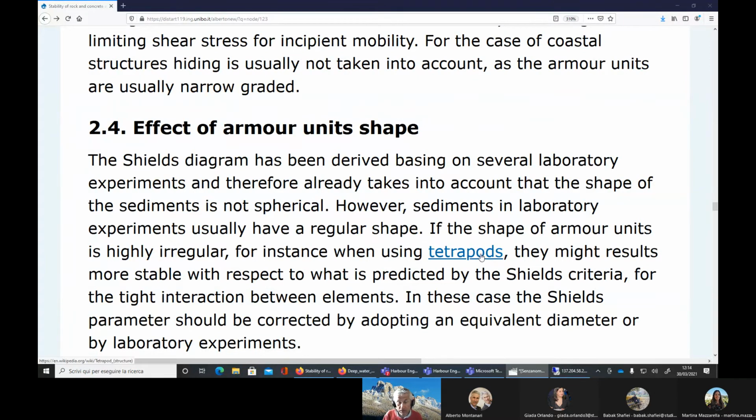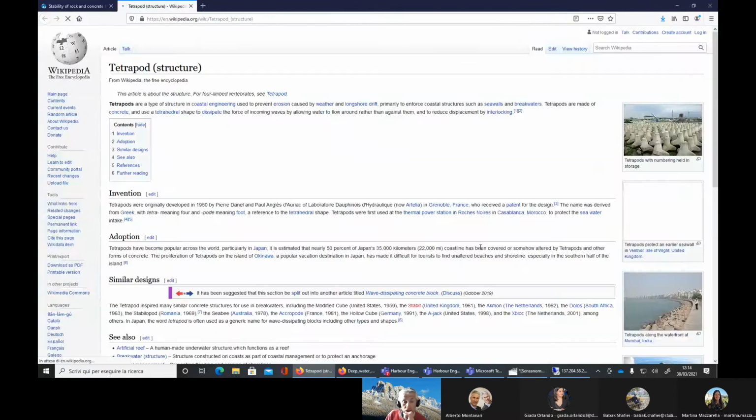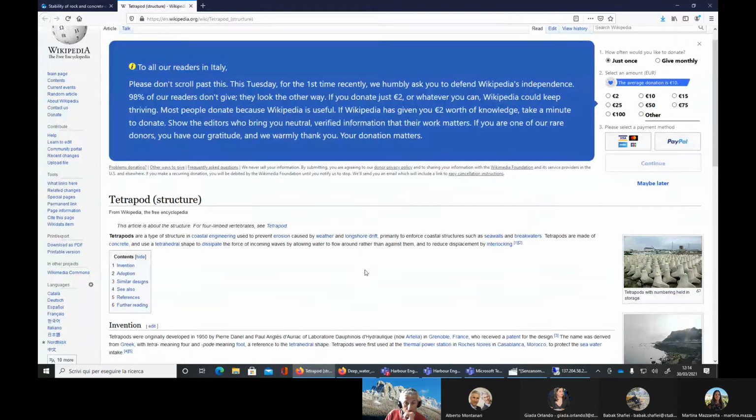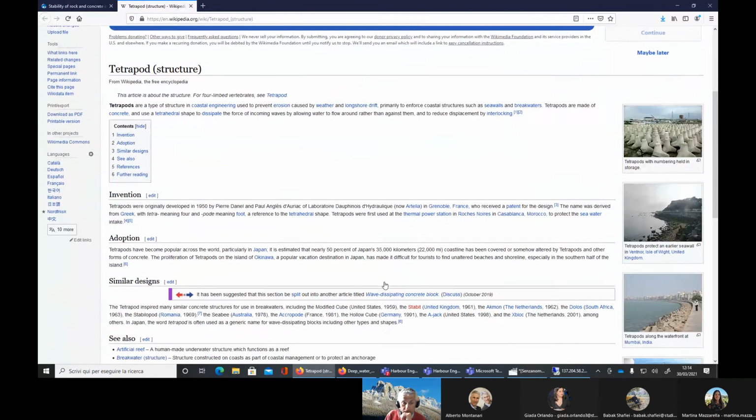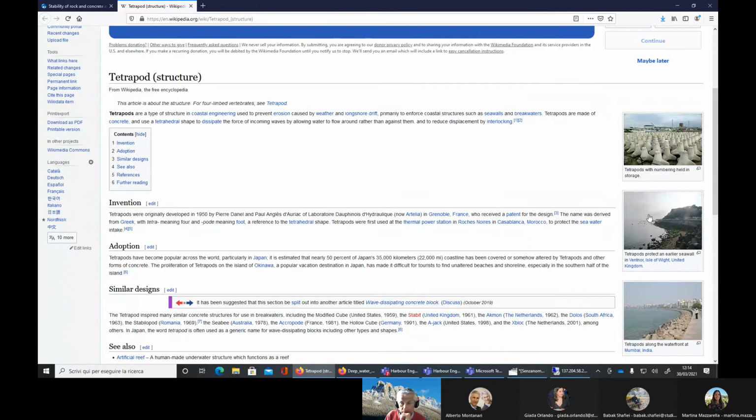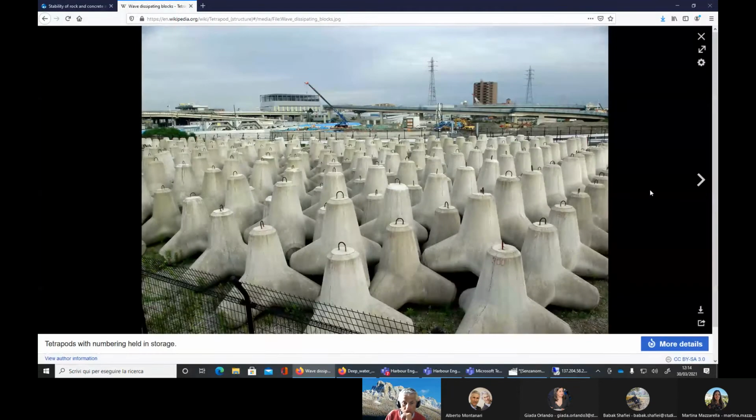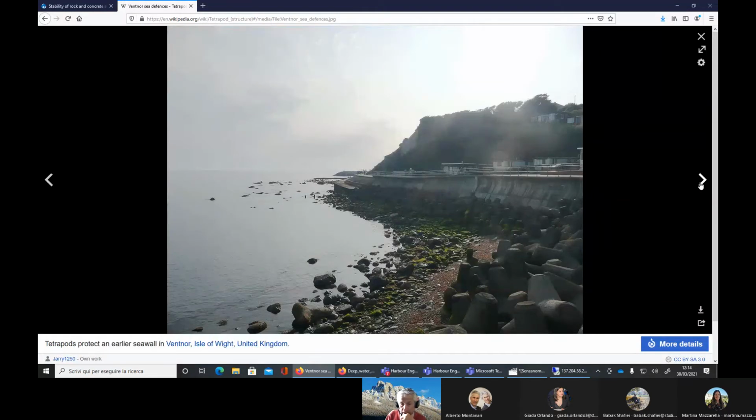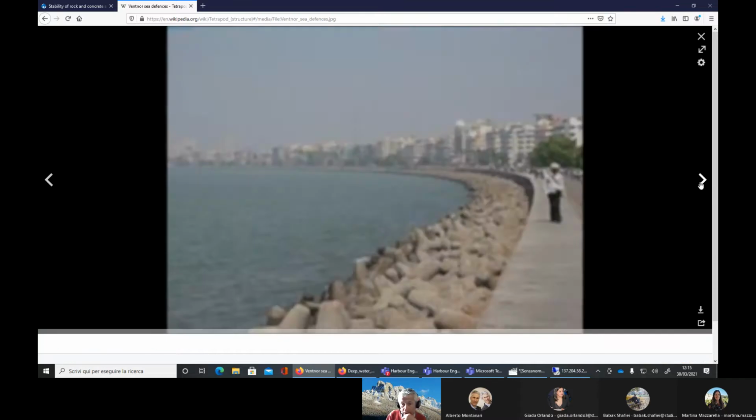Let me just open this link, tetrapods, in order to show you the various shapes that tetrapods can take. And here you have figures. This is a figure of tetrapods just produced, ready to be distributed. And here you see tetrapods in place. These are revetments, so they have the function of protecting the seawall in this case.